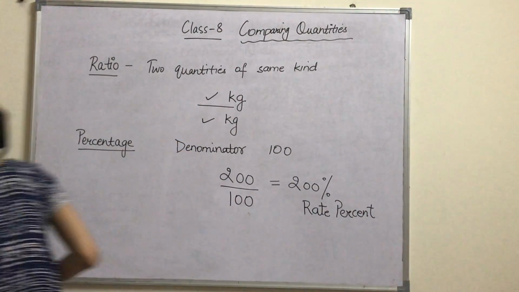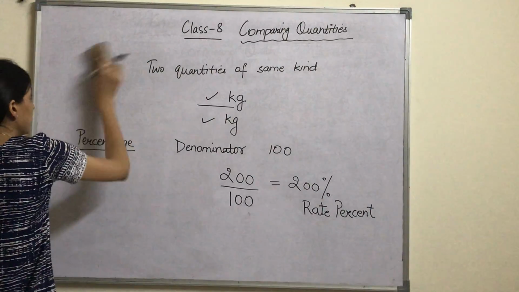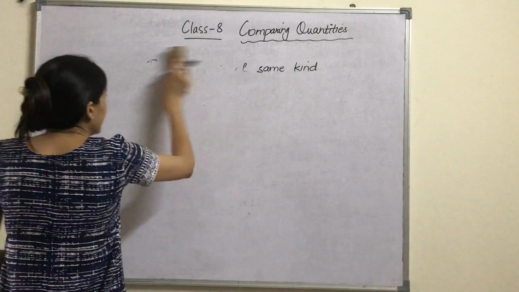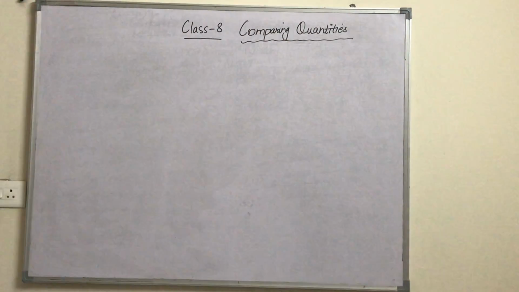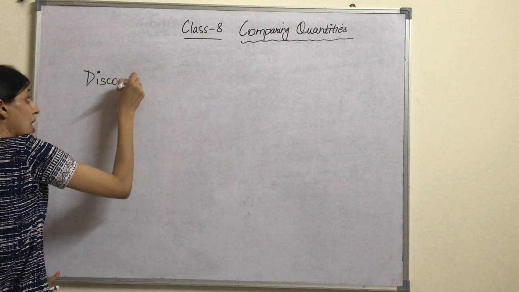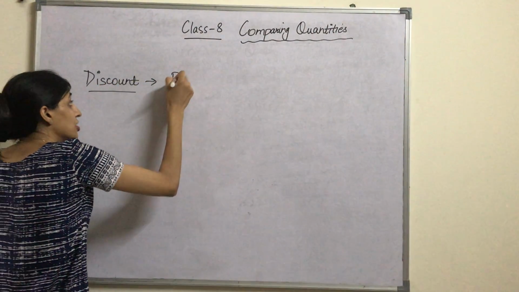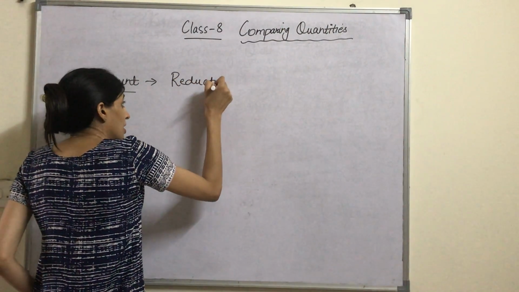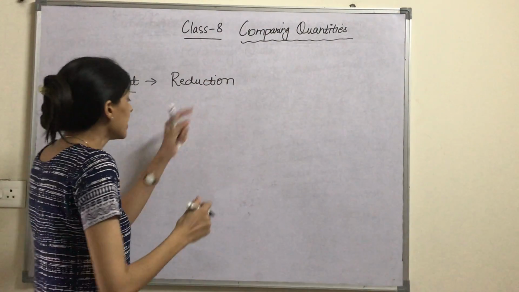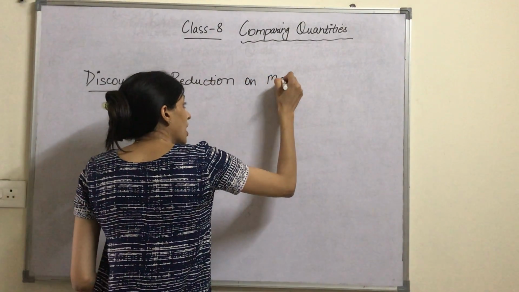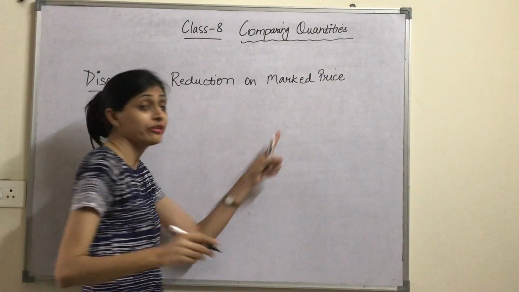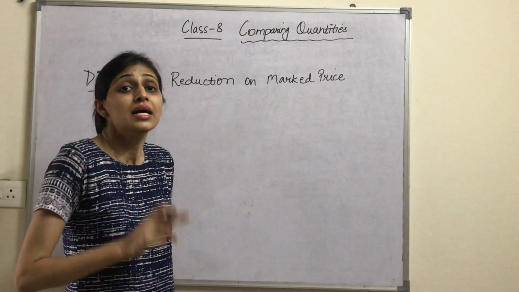Now the third thing which you need to understand before going to the questions is what you mean by discount. Discount is the reduction. We go to the market, we get a discount on some of the products. Whatever reduction we get on the marked price is known as the discount.